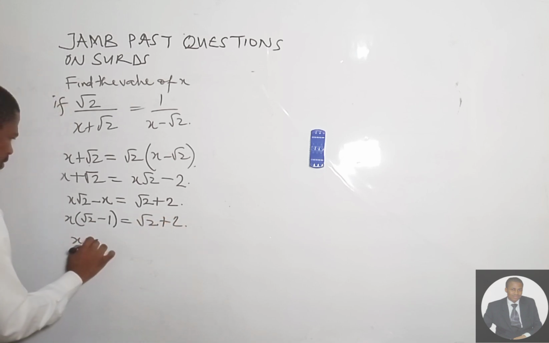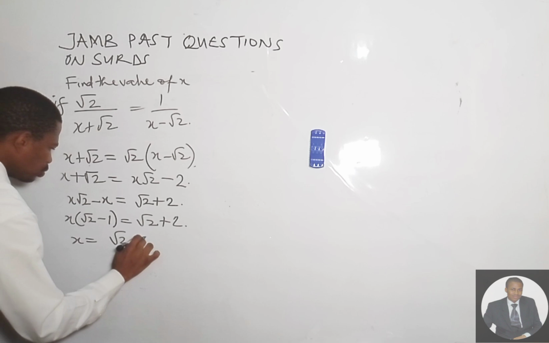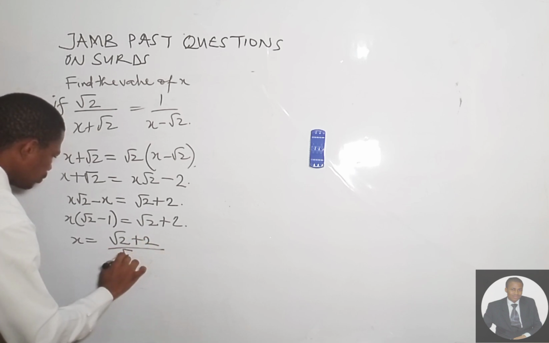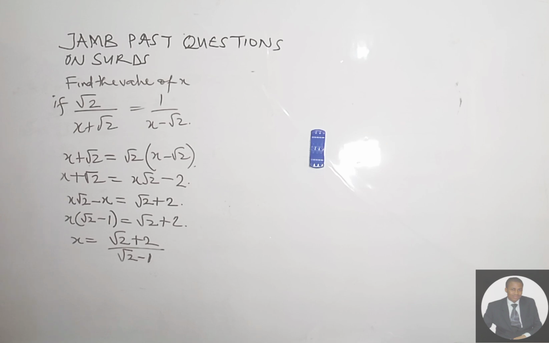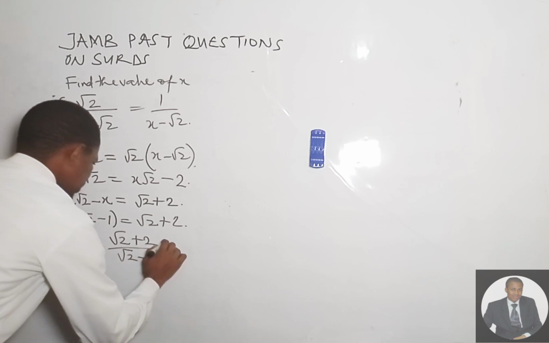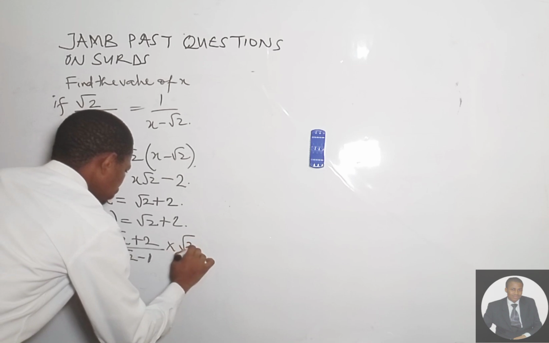So x will give us root 2 plus 2 over minus 1. So we can leave our answer this way, or we move forward and then do the conjugate.